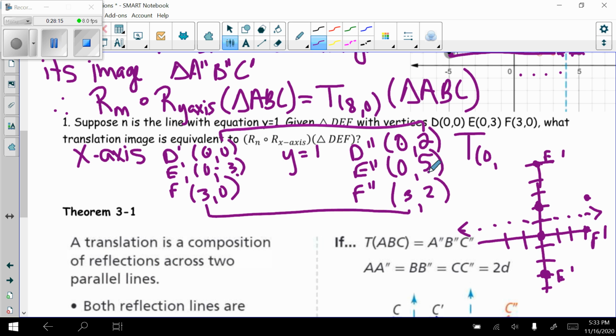Again, they moved up 2 spaces because that's how far away we were. So I had to move up 2 to get each of these. So my translation is 0, 2.